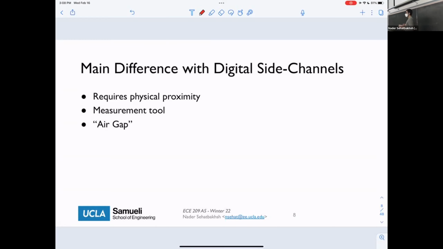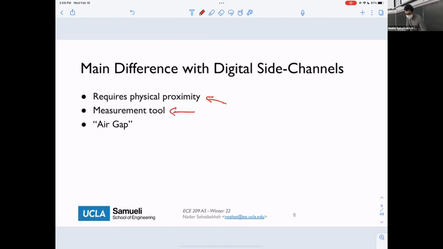How close they should be really depends on the type of physical side channel they're going to use. It could be within a few meters, but in some cases it could be hundreds of meters or kilometers away. But that's usually the idea. It's not going to be hundreds or thousands of miles. All right. So physical proximity is really the major difference between the two.